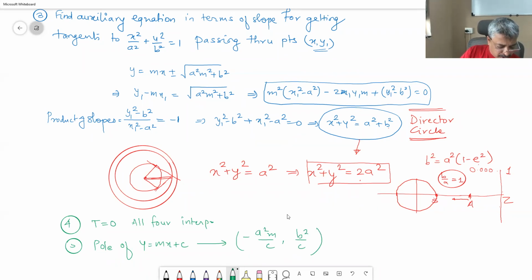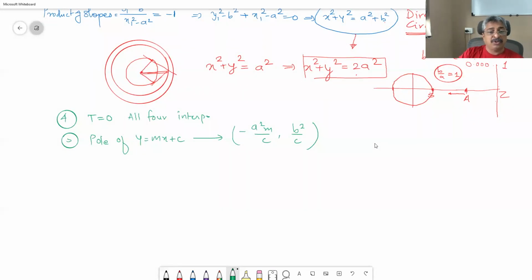Polar duality is also going to work because these are results which are common to any conic section. Joint polar duality, I will just mention them because you need to use those results for every conic section.